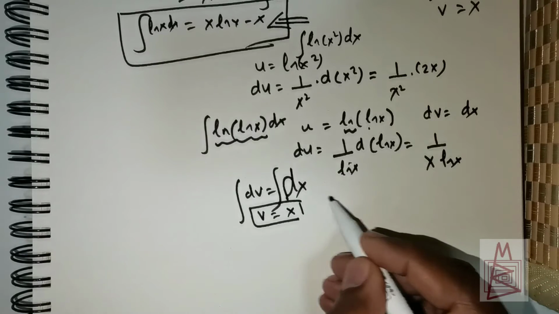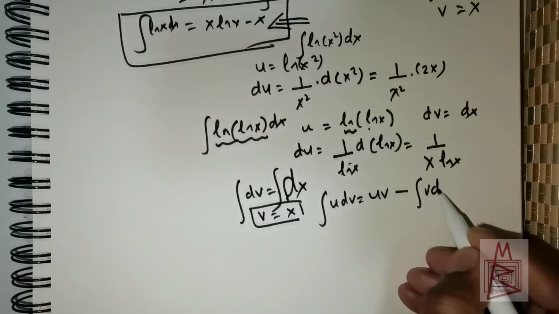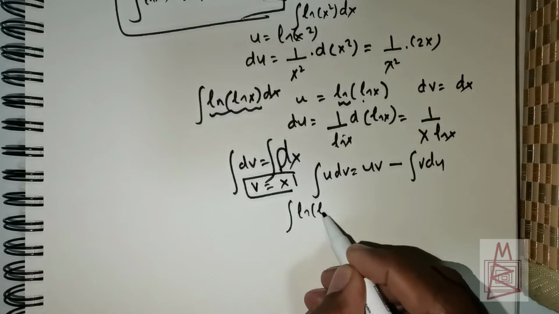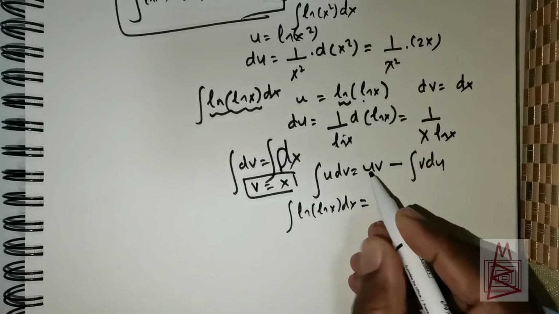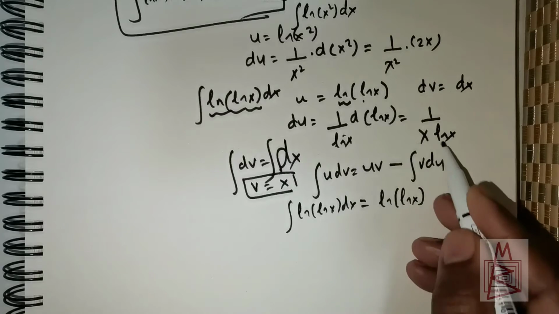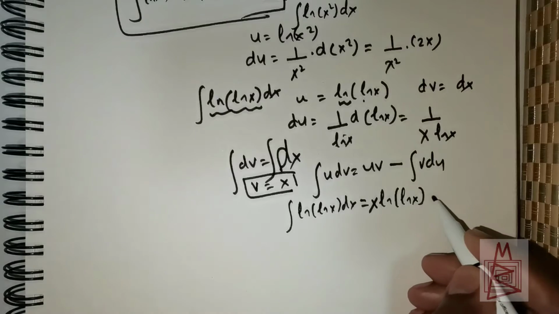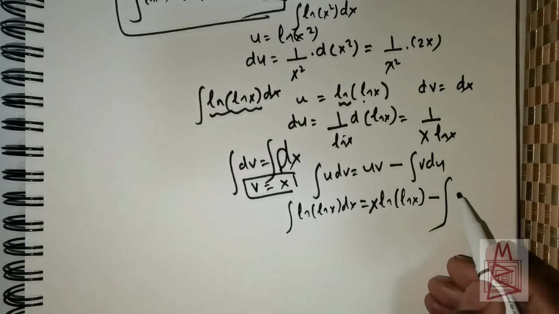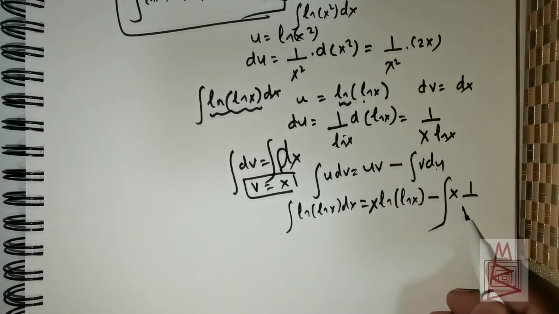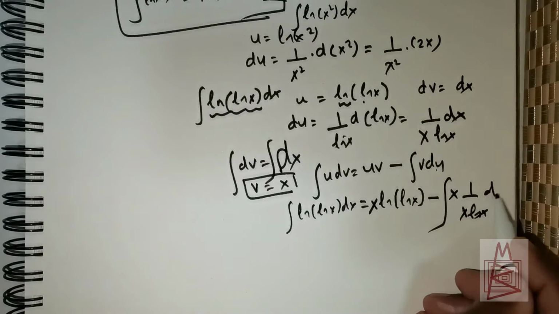If I apply the formula integral of u dv is equal to uv minus integral of v du, then I would get: integral of ln of ln x times dx is equal to my u, ln of ln x, times my v, x, minus integral of my v, x, times my du, 1 over x times ln x, times dx.